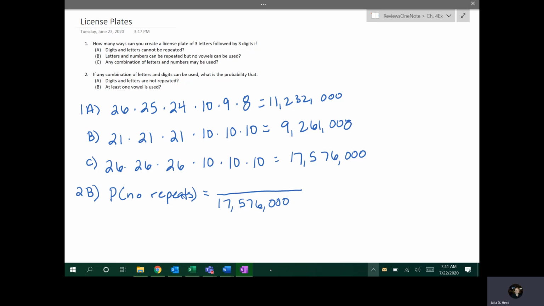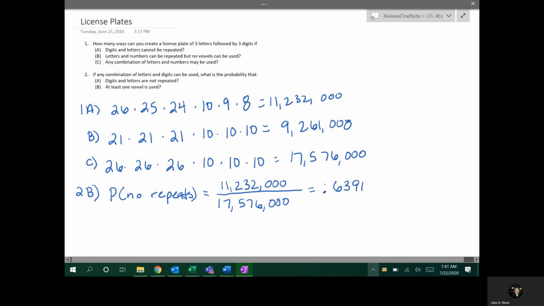And how many of those 17.5 million have no repeats? Well, in part A, we calculated that to be the 11 million. Oops, and I said part B, but that was part A.